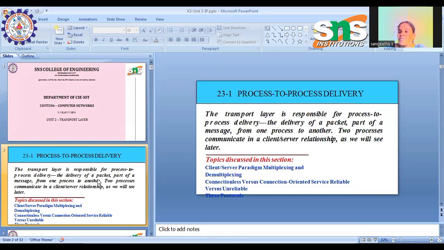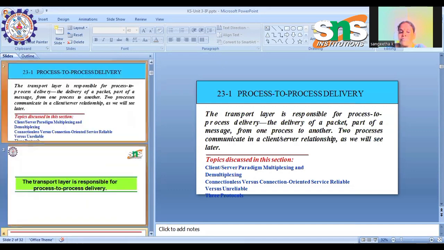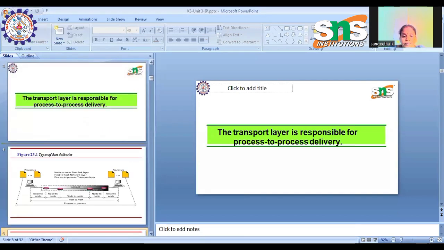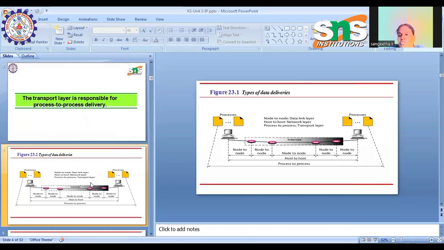So let me see how it works in real time. For transmission of packets from one node to another node in the network, we need several addresses like port number, IP address and also host address. With the help of this, the transport layer provides process to process delivery based on the port. Here, this diagram shows types of data deliveries.